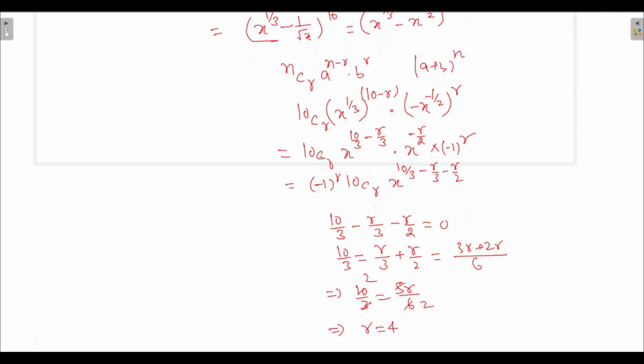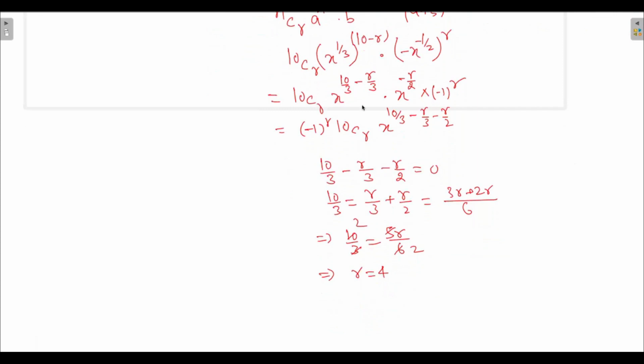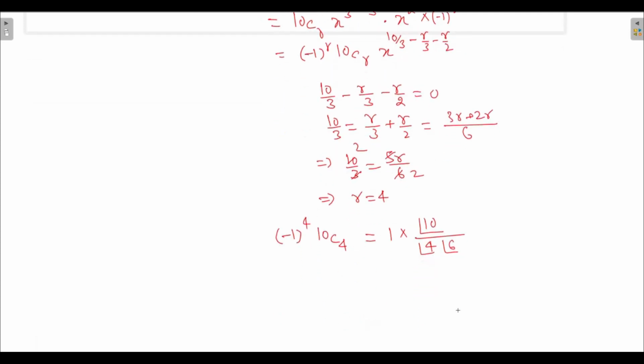So when r is 4, this is what is my term which is independent of x. So this part, x raised to the power 0, this becomes 1, and this is the part which is remaining, which will be minus 1 raised to the power 4, and then 10C4. So what will be this number? Minus 1 raised to the power 4 is 1, and this is 10C4, which is factorial 10 upon factorial 4 into factorial 10 minus 4, which is 6.